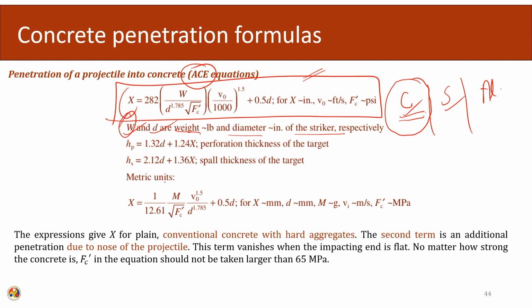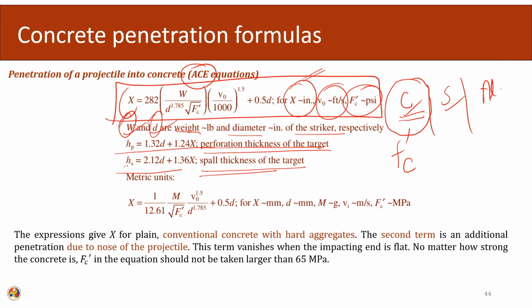The unit of x is inches, velocity is in feet per second, and F prime C is the characteristic strength of concrete expressed in US customary units. HP is the perforation thickness of the target, and HS is the spall thickness of the target.